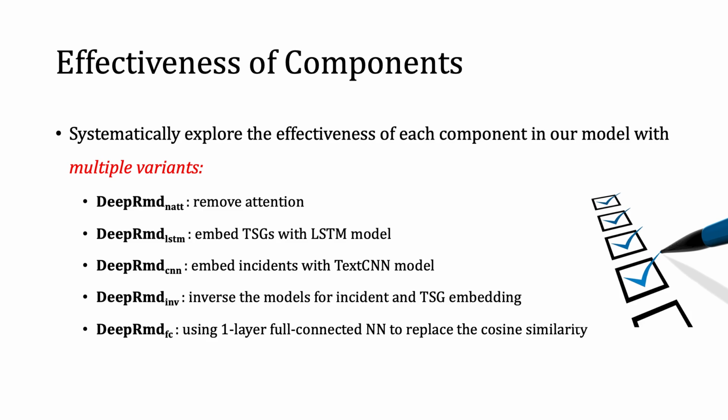And also, we replaced the cosine function with a one-layer fully connected neural network to compute the similarity of incident and TSG descriptions. In total, we generated another 5 configurations of our approach for comparison.